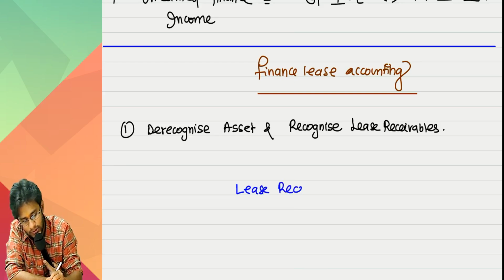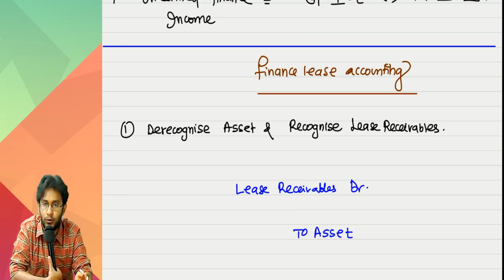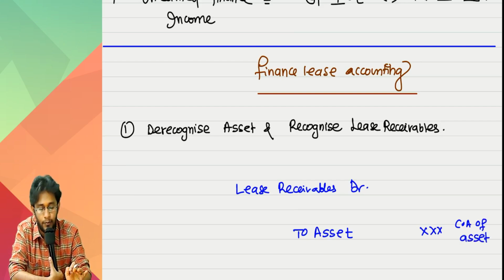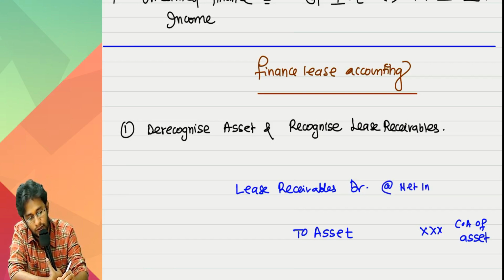Lease receivables account debit. To, whatever asset you have, you de-recognize. If the asset has to die, I have to de-recognize it at the carrying amount of the asset in my books, isn't it? Otherwise the asset will not die. But lease receivables must be recognized at net investment in lease.